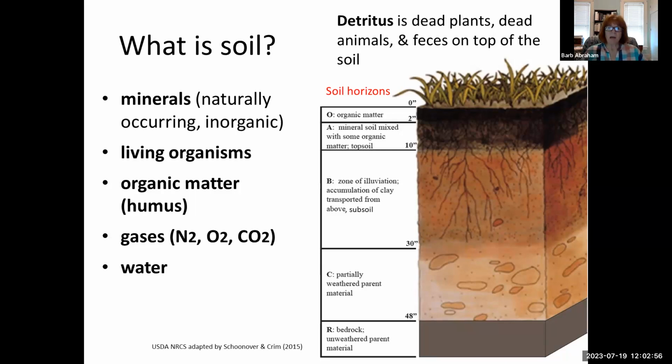And up at the top, it says detritus is dead plants, dead animals, and feces on top of the soil. Detritus is a term that's used when you can tell the origin of the substance. So it isn't decomposed so much that it's not still organic matter, but you can't tell what it is, as opposed to humus, which is organic material that you can chemically analyze, but you can't see what it came from, whether it's plant, animal, or what.